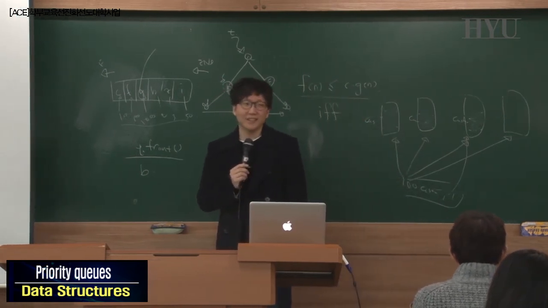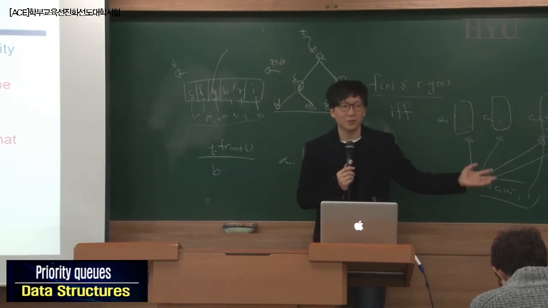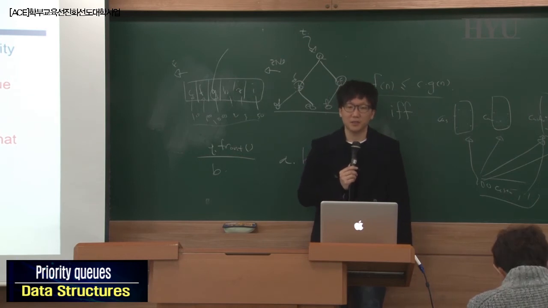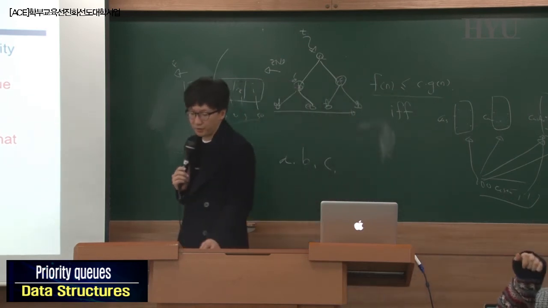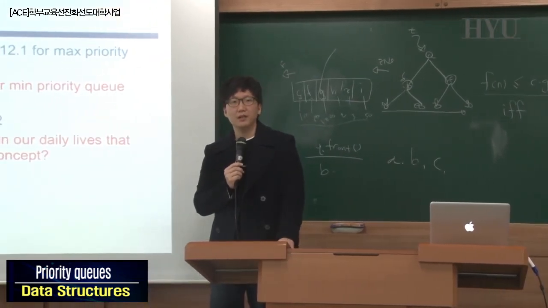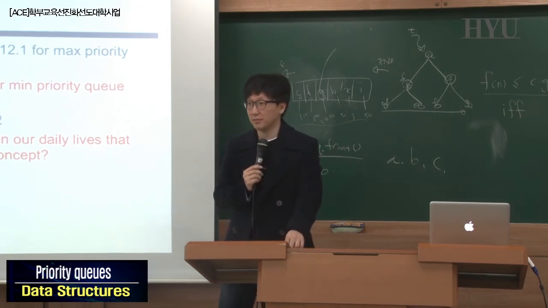The kids and seniors have a higher priority because they are vulnerable or something. Whatever reasons they have. Okay, those are the simple examples. Or in your computer systems. Some programs running, probably multiple programs running in your operating systems.